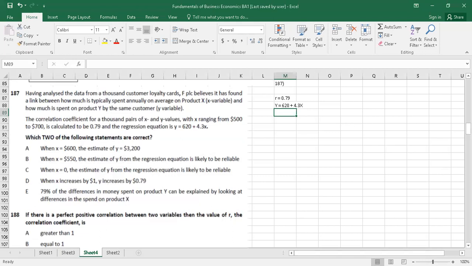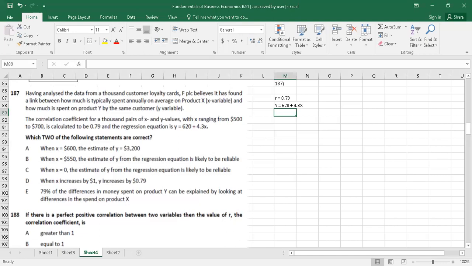R is the correlation coefficient, which is 0.79, and because 0.79 is closer to 1, it indicates that there exists a relationship, and in a sense it is quite strong also. So y and x are related, because 0.8 is close to 1. So there is a strong relationship.